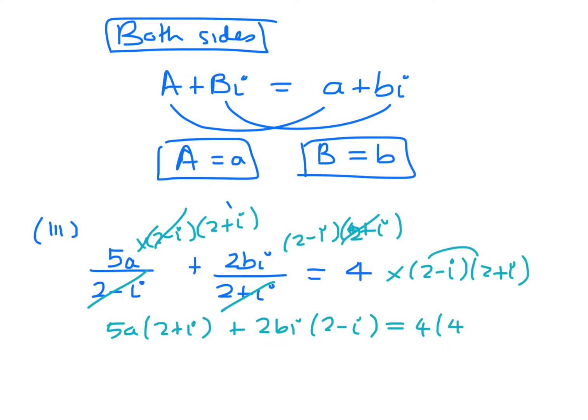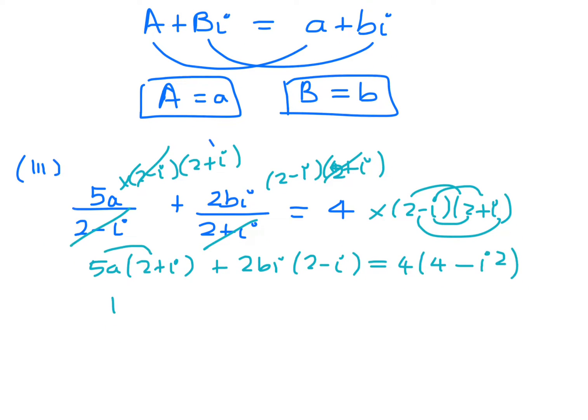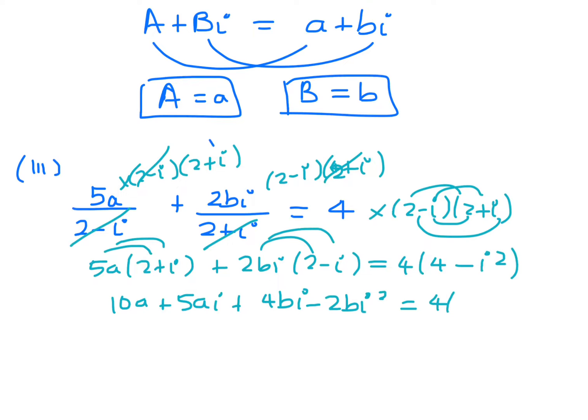Now let's expand this. That would be 4, and it's a difference of two squares, minus i squared. So I'm going to take a shortcut because I know the two middles, minus 2i plus 2i, will cancel. So that's 10a plus 5ai plus 4bi minus 2bi squared equals 4 minus i squared.